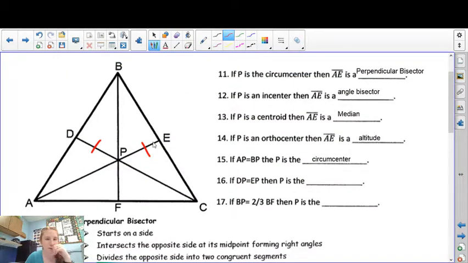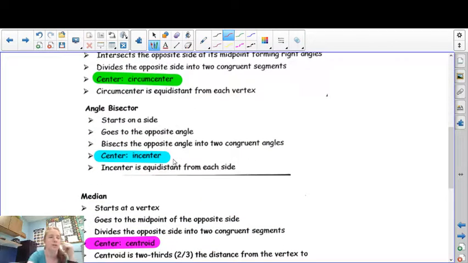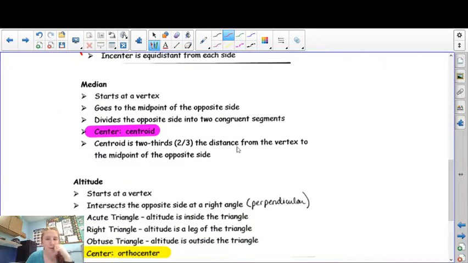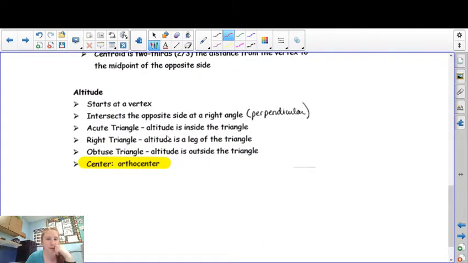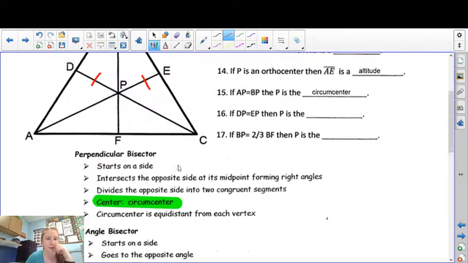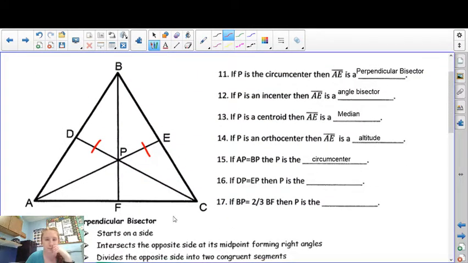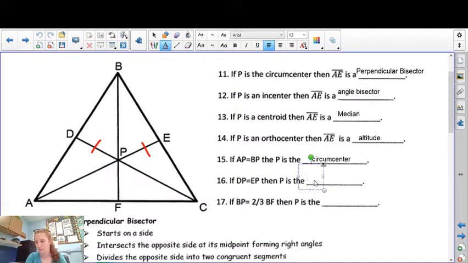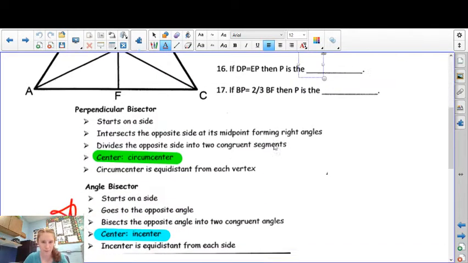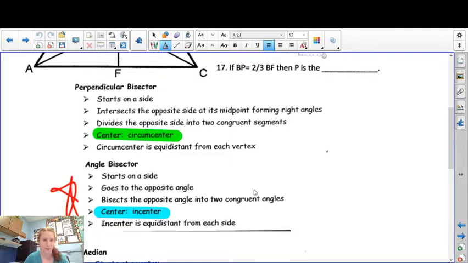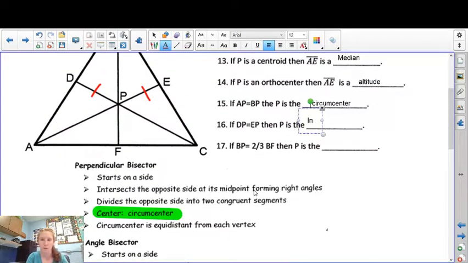D hits at a side, E hits at a side. They're the same distance. Okay, so it could be that one. 2/3 the distance, nope, we're equal, and then meets outside. It's gotta be angle bisector. So if it's angle bisector, it's called the incenter because we're talking about P.